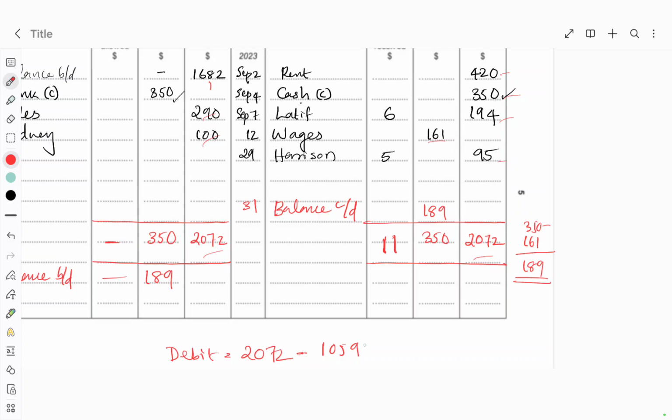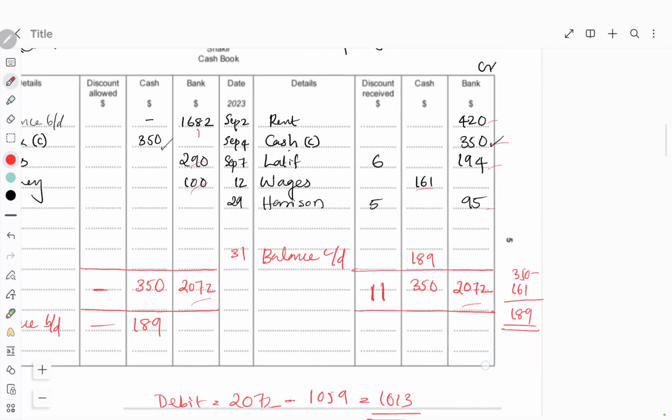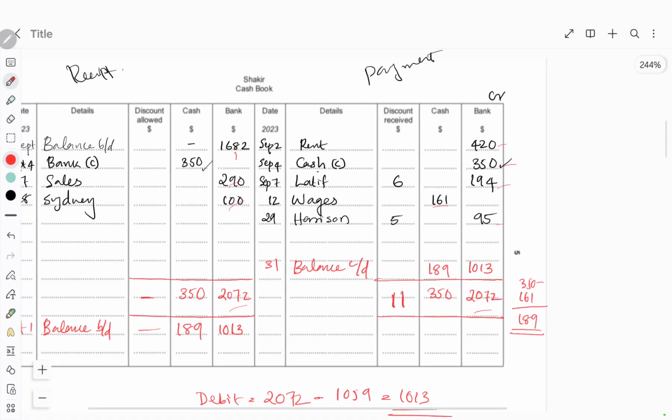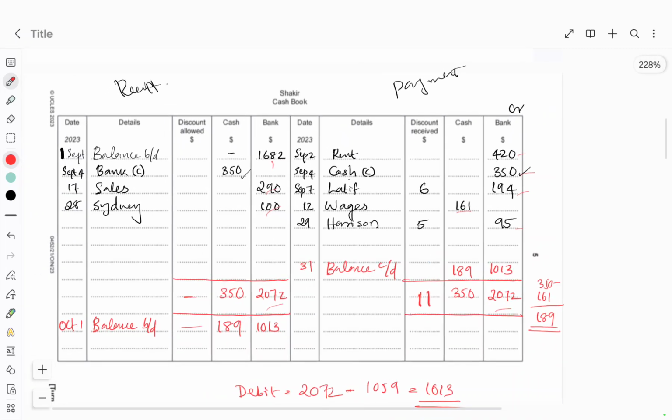So you will get a balance of 2072 minus 1059, that is 1013. This is the balancing figure for the bank account, isn't it? This side is less, right? That's why we are recording here 1013, and bring down the balance here also, 1013. Okay, so these are the balancing figures for your cash book of Shakir.